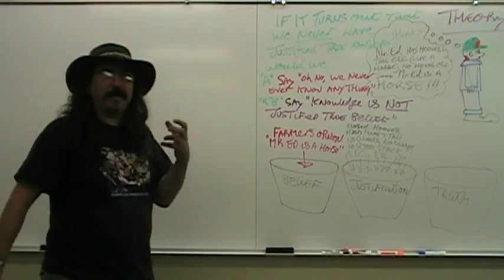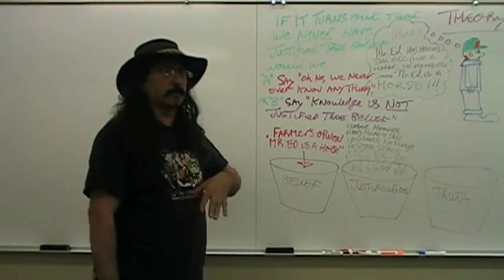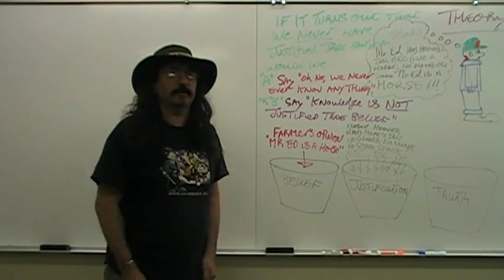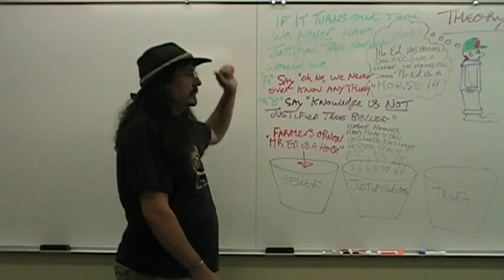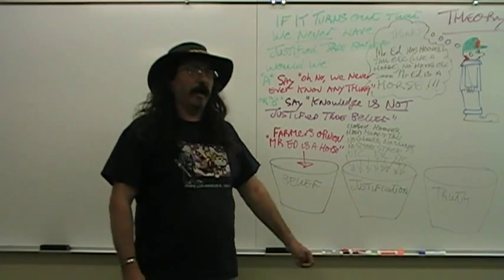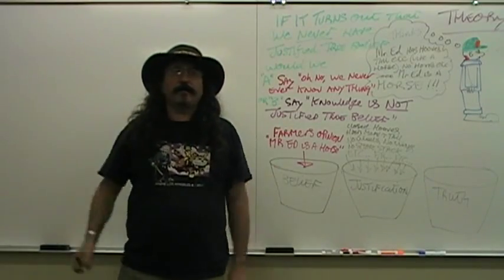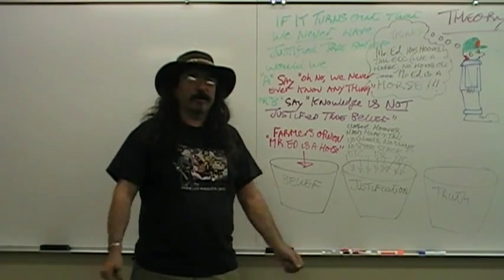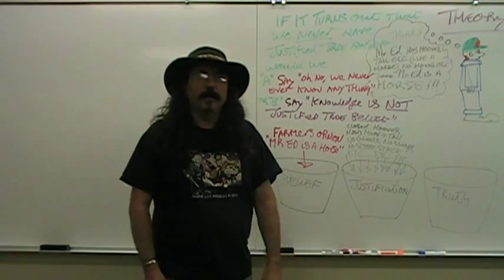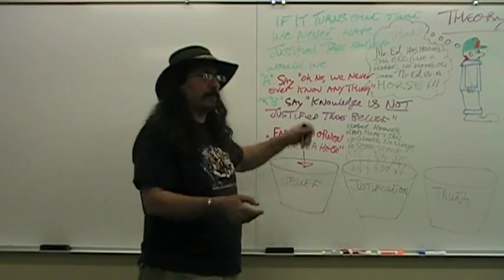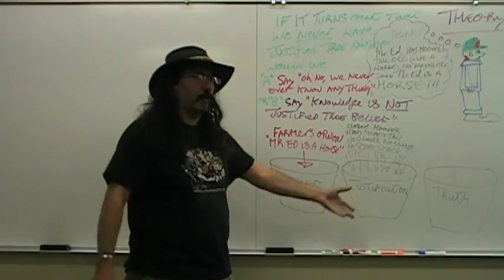Now, I had a student who was in my class and then went into someone else's philosophy class, and that professor talked about knowledge being justified true belief. And the student explained my thing and asked what is truth?